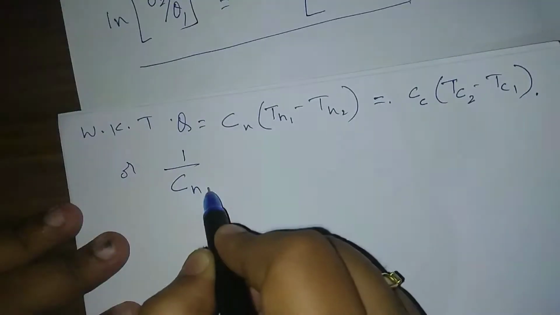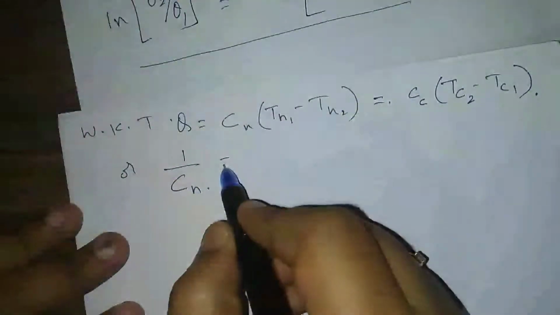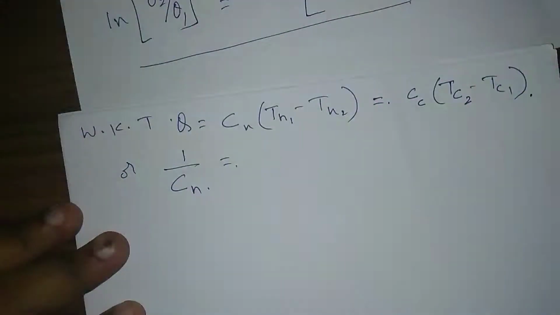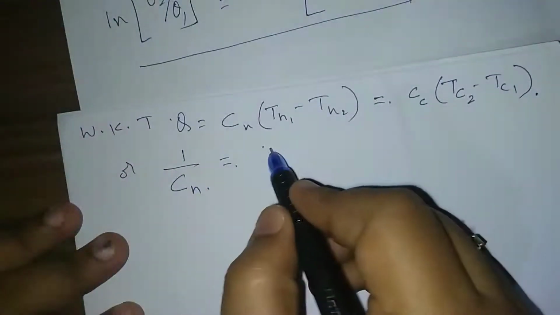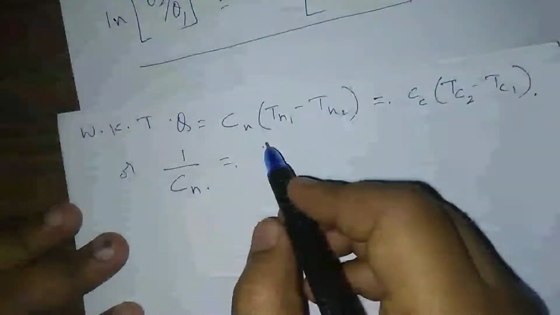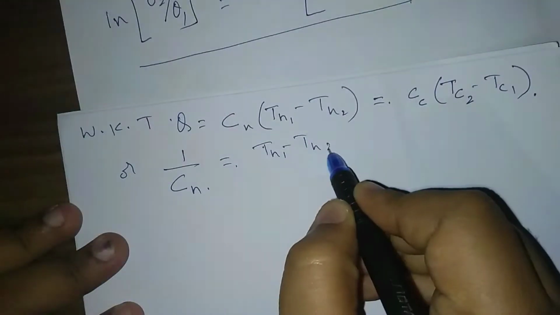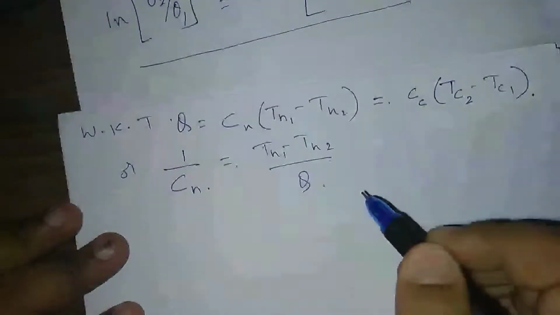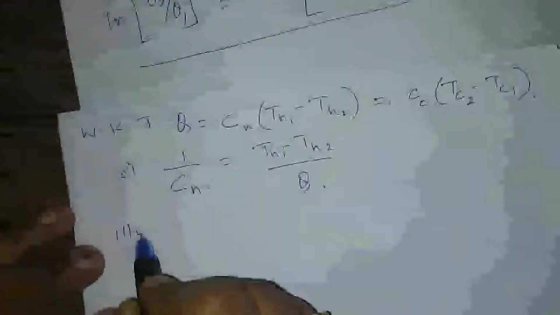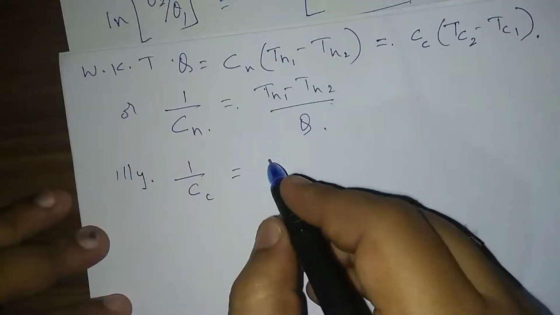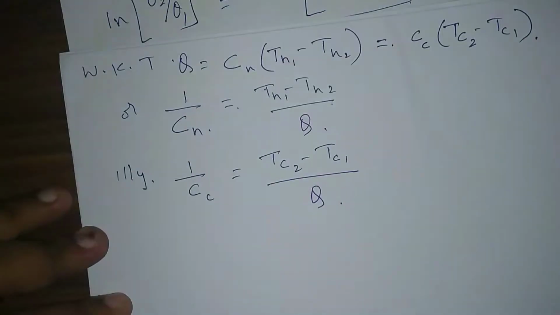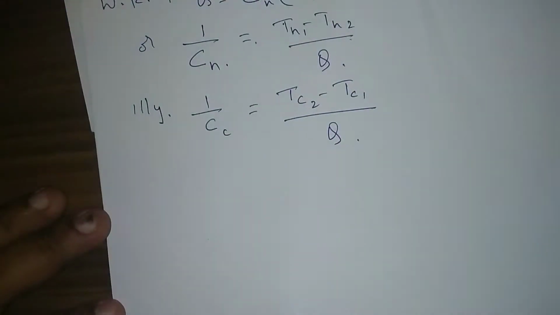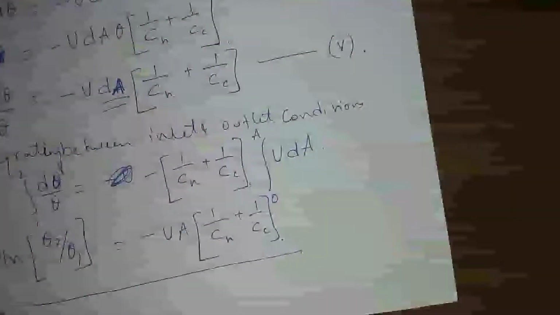Now I am just writing in a different form: 1 by Ch is equal to what? 1 by Ch is equal to TH1 minus TH2 divided by Q. Similarly, 1 by Cc is equal to TC2 minus TC1 divided by Q. Now, let us call the previous equation equation 6.